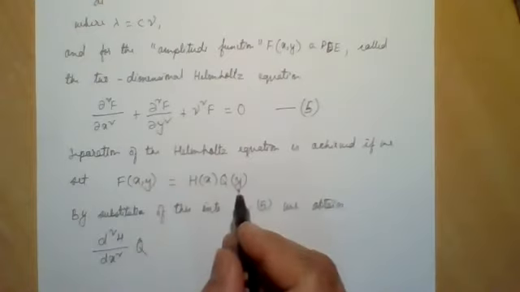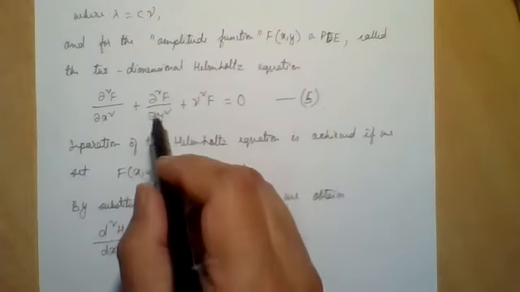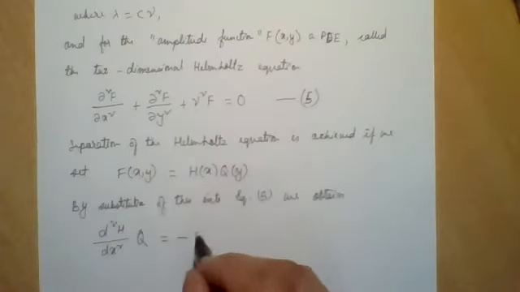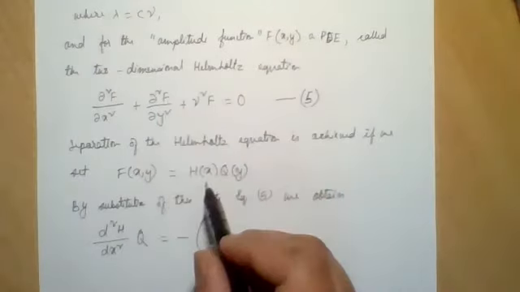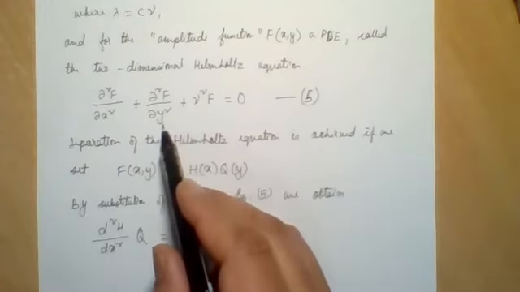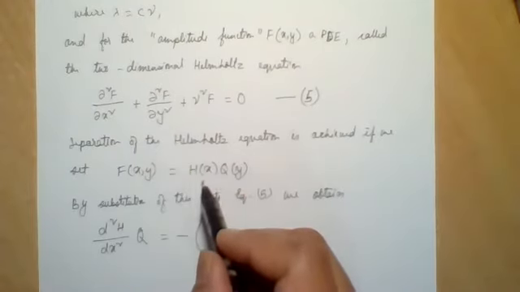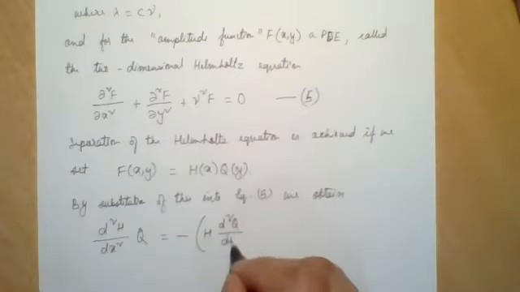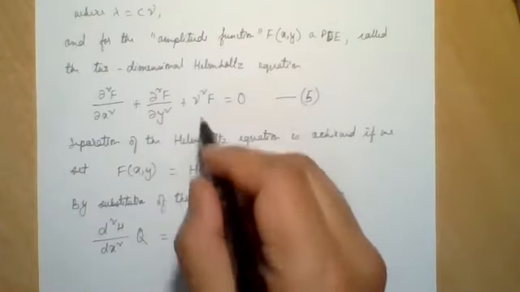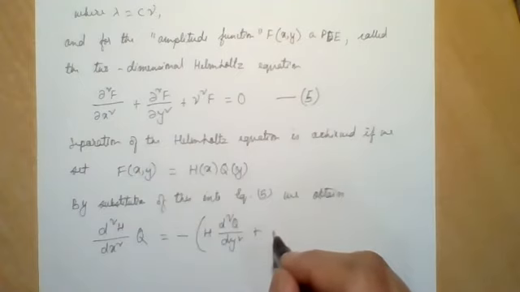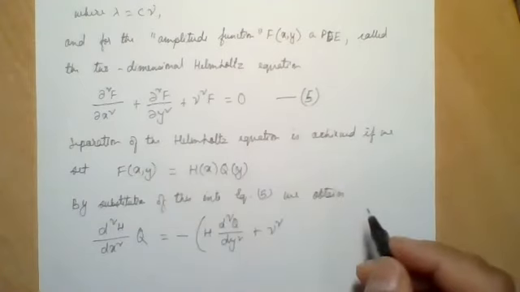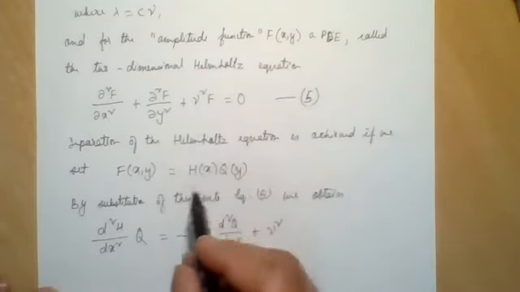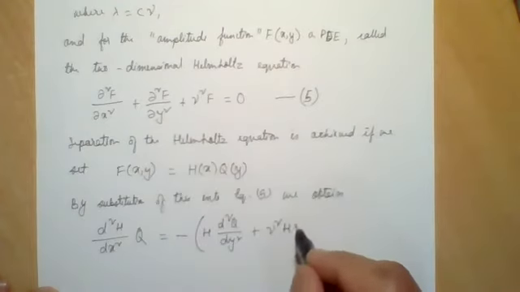Then q is a function of y, so it can be taken as a constant, and I take the remaining terms towards the right with a negative sign. So this becomes minus dou 2f by dou y square. This is partial differentiation with respect to y, so we can treat h as a constant. So h d2q by dy square plus nu square, and what is f? f is equal to hq. So this can be written as nu square hq.